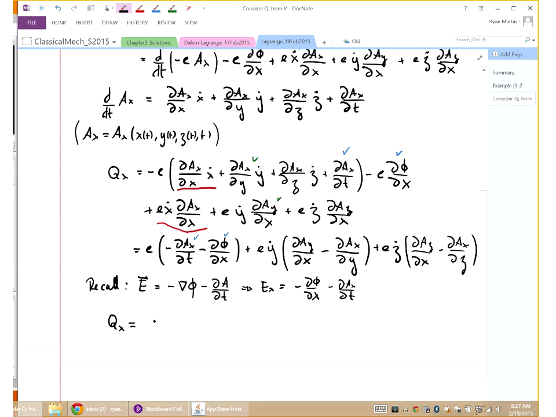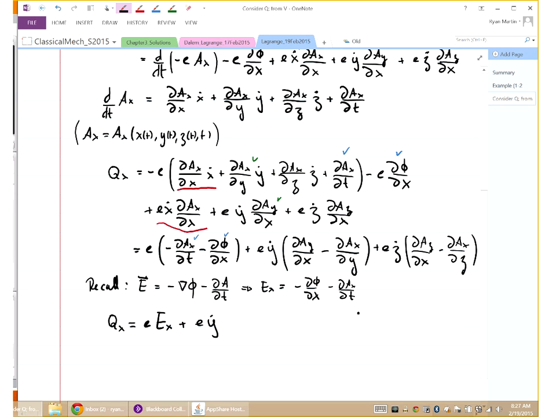So Qx is equal to, the first term is e, the charge, times the x component of the electric field, right? Now, the second term, I have e y dot.